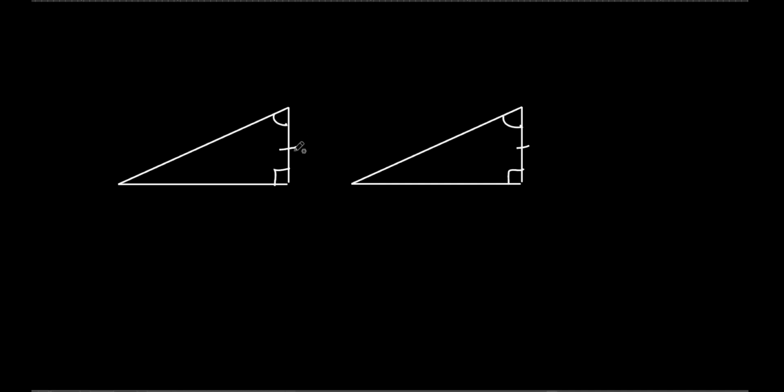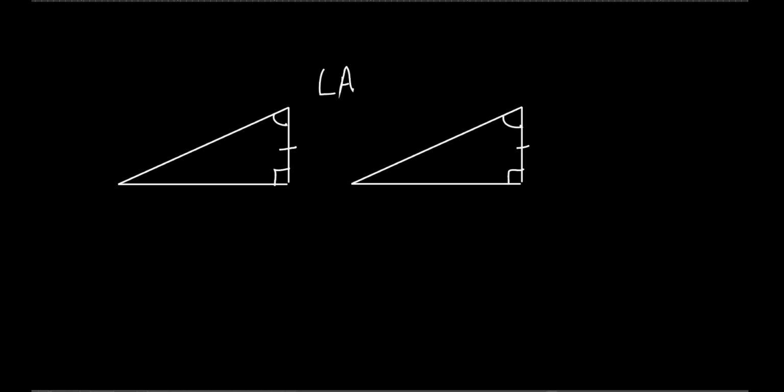But since it's a right triangle, we're not going to do 3. We're just going to do 2. So what did they tell you? They told you one of those. Is that hypotenuse or is that leg? That's a leg. And they told you another angle. So this is just leg angle. They call that leg angle.